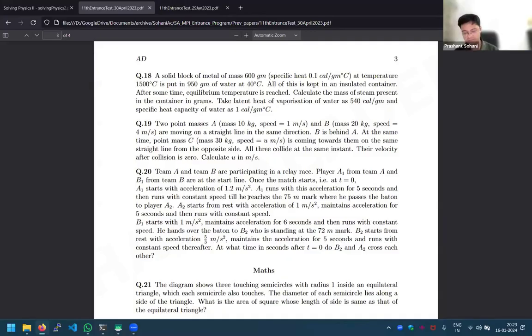So again, as I said, you solved a very similar question last time. Only difference, if you observe, is that last time we had ice turning into water. This time we have water turning into steam. But many other things are kind of similar.